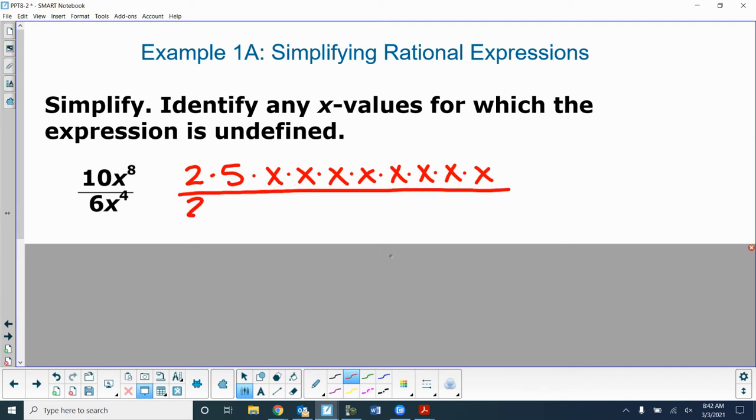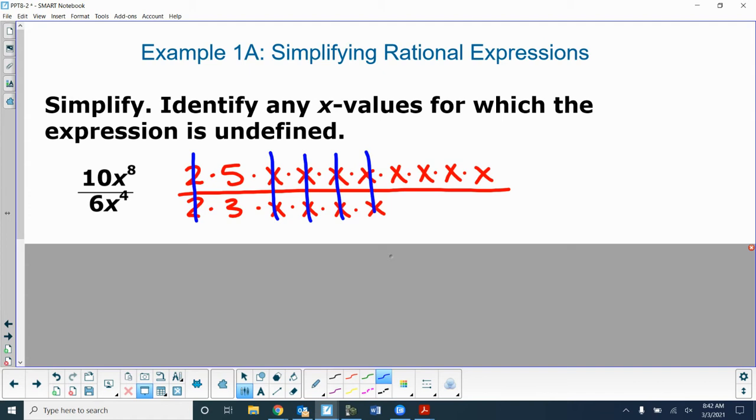And then 6, 2 times 3. Now you don't have to do this, but this is what we're doing. Those are factored out, right? So you can cancel the factors that are the same. Okay, so our answer is 5x to the 4th over 3.